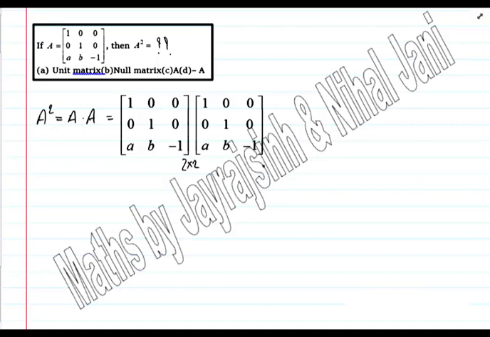First of all, let's check their order. Actually, they are 3 cross 3, right? So yes, they satisfy the condition of multiplication of matrices, and our answer will also be in terms of 3 cross 3, right?